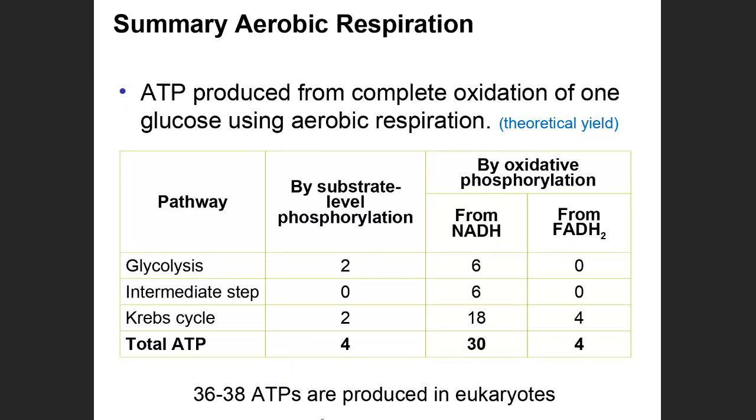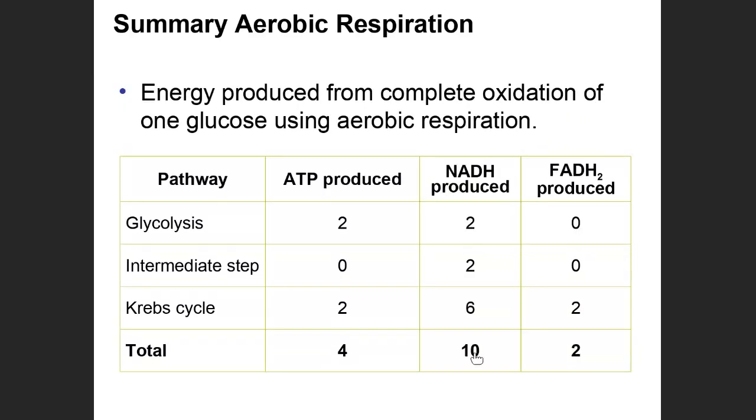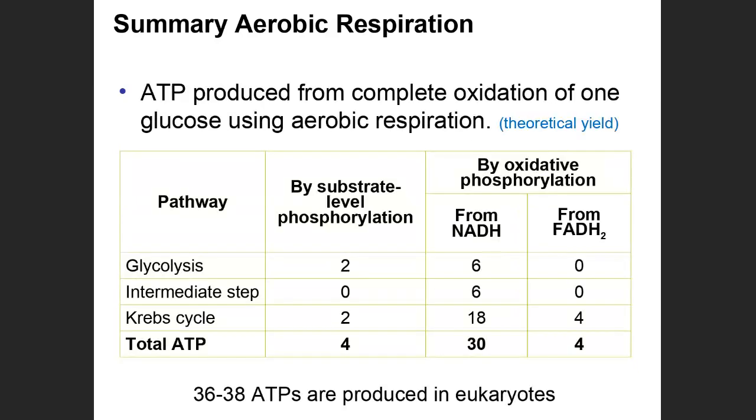Remember, there are 10 NADHs produced. They yield 30 ATPs. So how many ATPs per NADH? Yield, makes, results in, produces, makes. So, Zoe says 3, right?